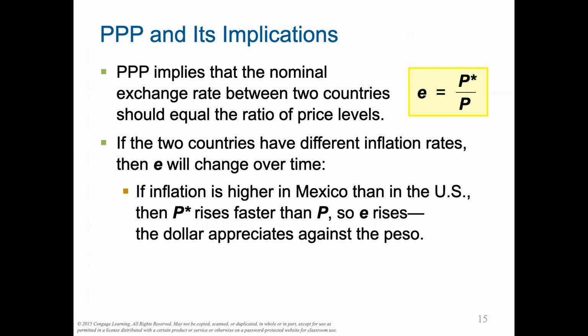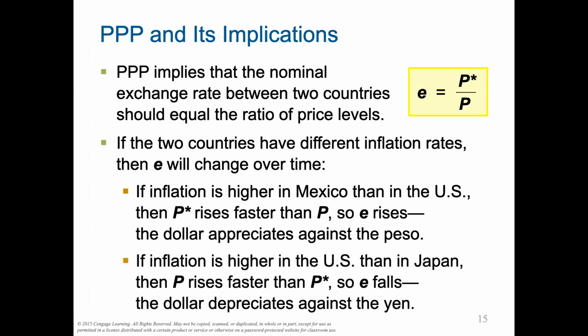And that's where, what has happened? What has happened is that because of inflation, you have a price issue. But if there wasn't inflation, it should be equal to E. If inflation is higher in the United States than Japan, then P is going to rise faster than P* in Japan, and the exchange rate will fall, and the dollar will depreciate against the yen.